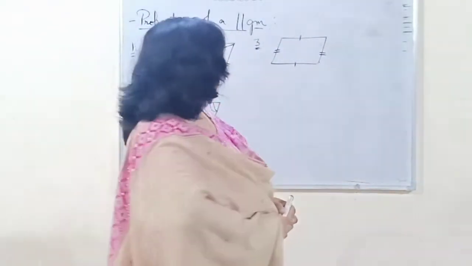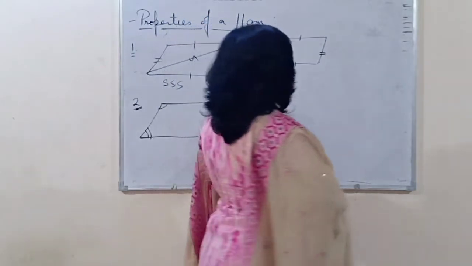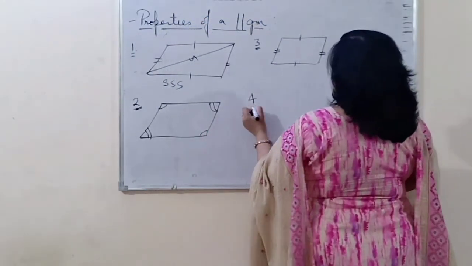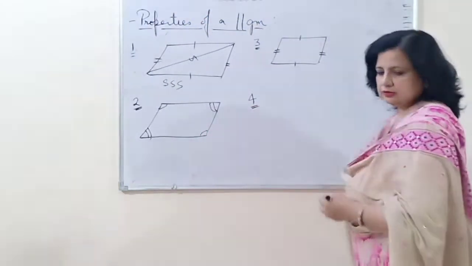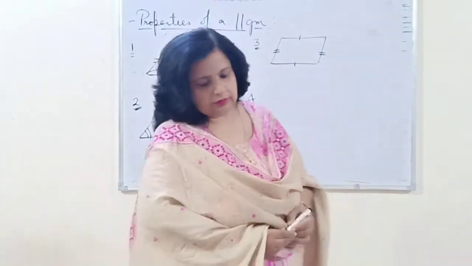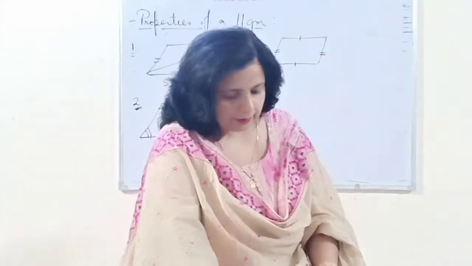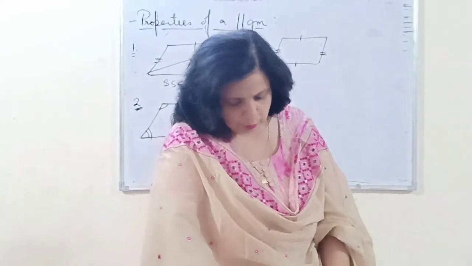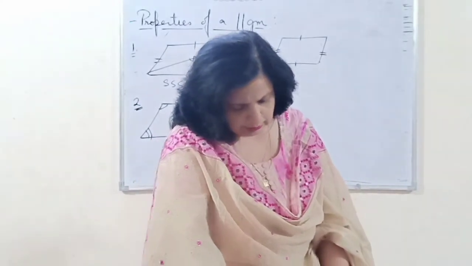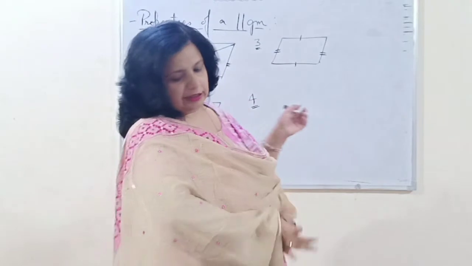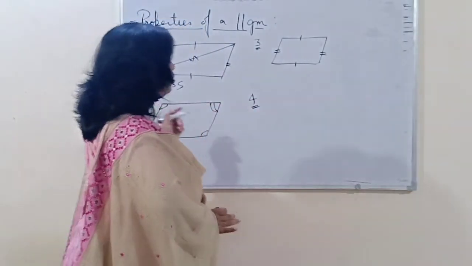Now in a parallelogram, opposite sides are equal, opposite angles are equal, and the diagonals of a parallelogram bisect each other.